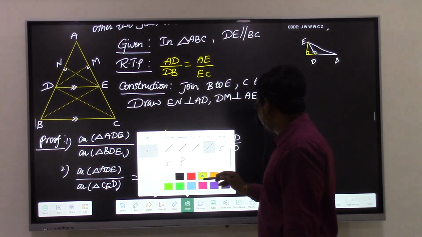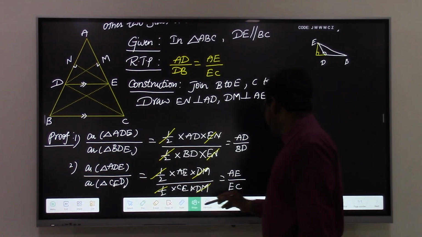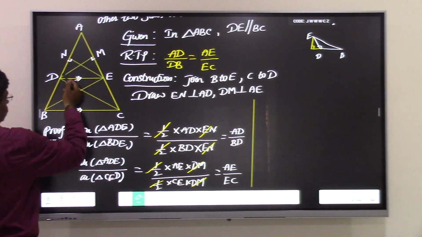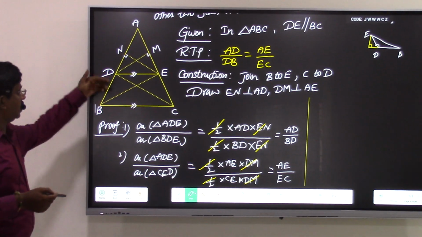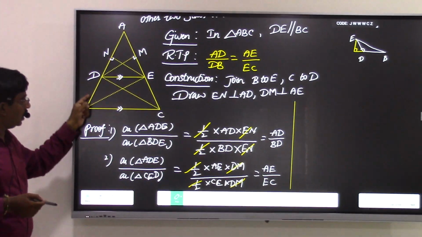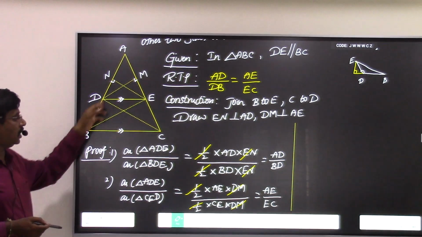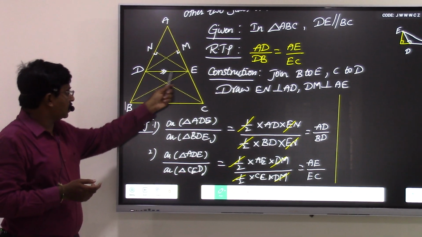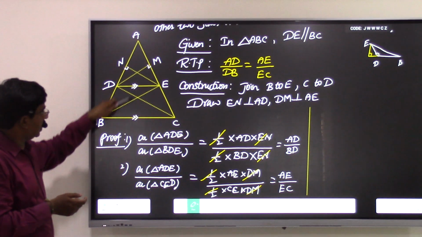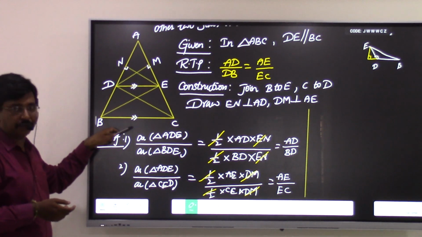Now we have one concept from the 9th standard. We see here the triangle BDE and the triangle CED, both the triangles are on the same base DE and between the same parallel lines DE and BC.